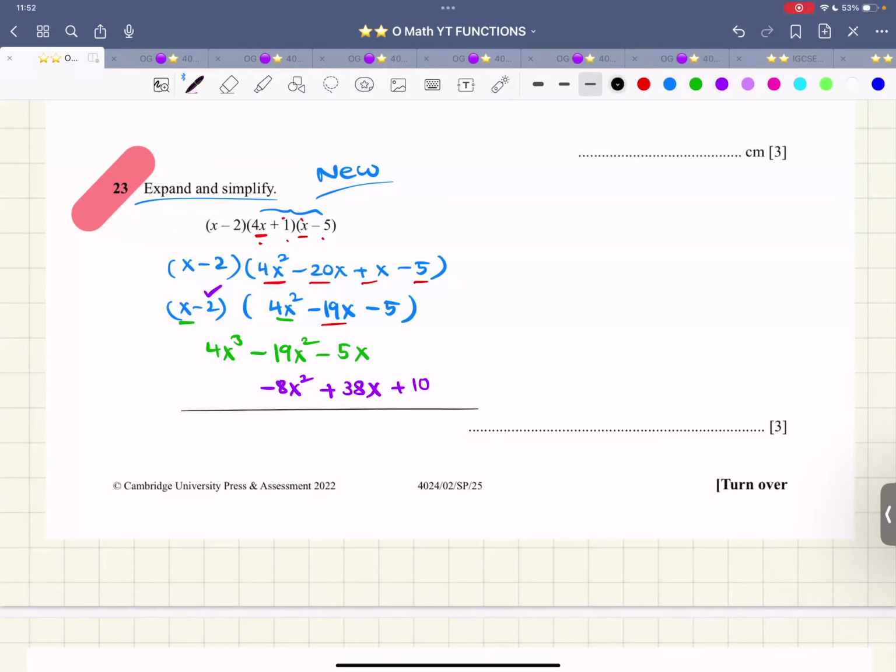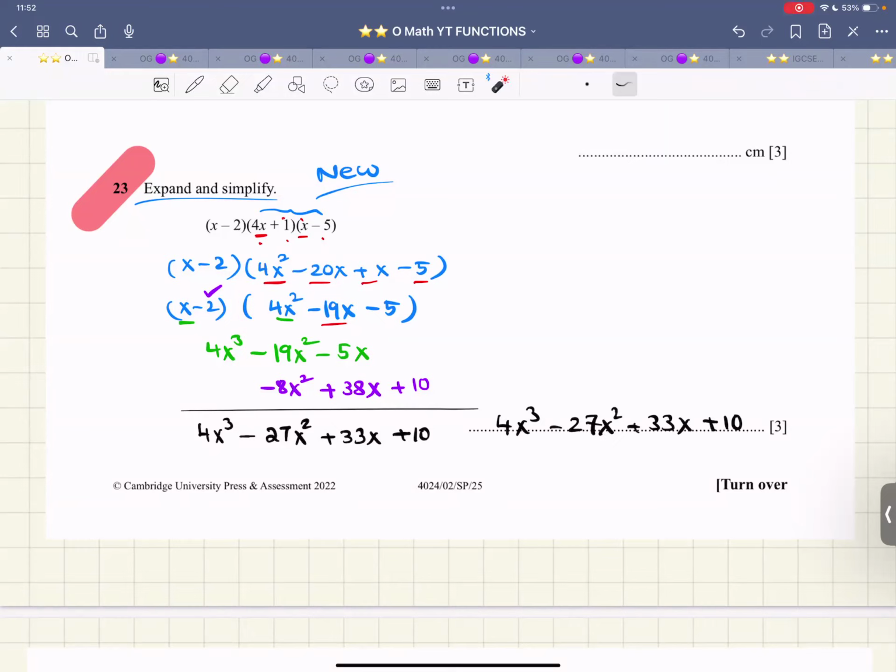It's easier to add this way. So therefore, this is 4x cubed, negative 19, negative 8, that is negative 27. This is negative 27x square, and this is plus 33x plus 10. So this is 4x cubed minus 27x square plus 33x plus 10, and no harm in double checking once again.